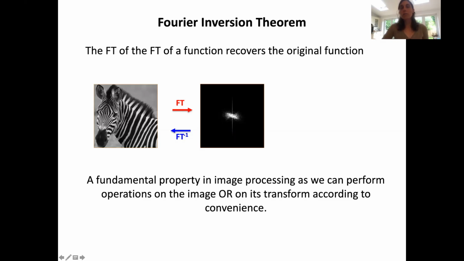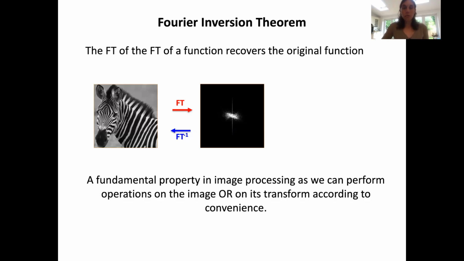This is very, very important because, as you would probably know already, in image processing, we keep switching back and forth from what we call real space to what we call reciprocal space or Fourier space. And we need to perform different operations in the two different spaces continuously. So this property is very important for us to be able to keep going back and forth. For example, we may want to mask our object in real space, but filter it in Fourier space.